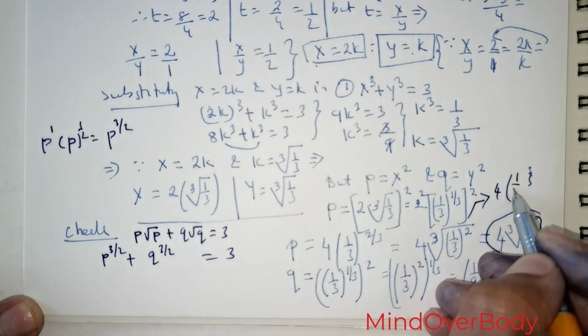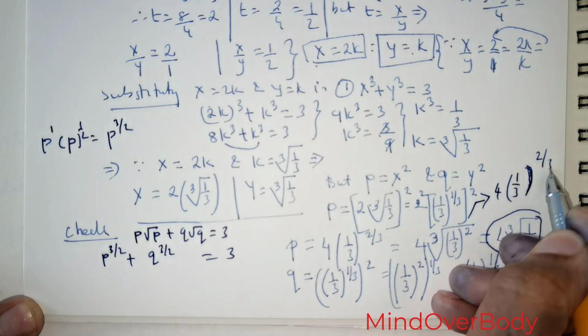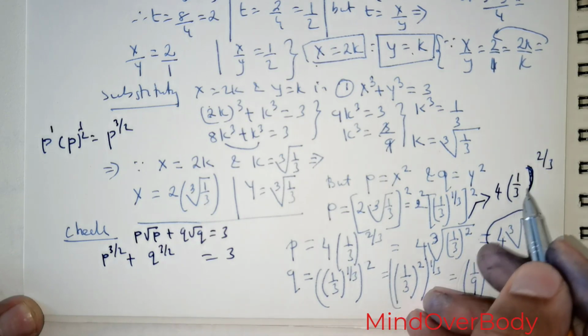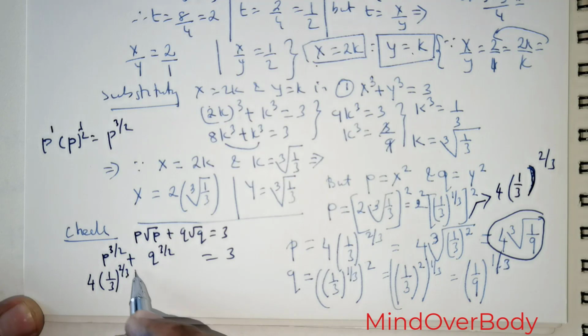So this is going to be 1 over 3 raised to the power of 2 over 3. So this is the value of p. It's better for me to use this. So I'm going to place that value here. So it's going to be 4 times 1 over 3 raised to the power of 2 over 3. That has to be raised to the power of 3 over 2.